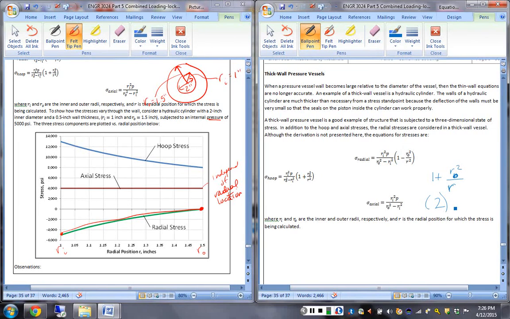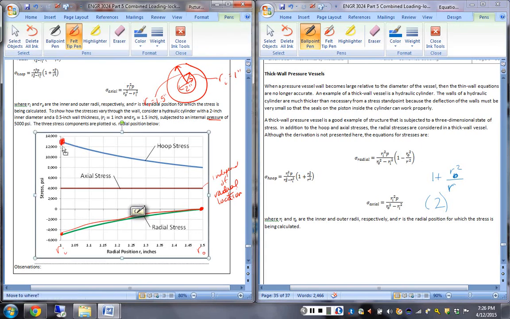As we go from the inner radius to the outer radius, we go from a larger number tending down, so that multiplier factor ends up at 2, and we are in fact at 2 times the axial stress.